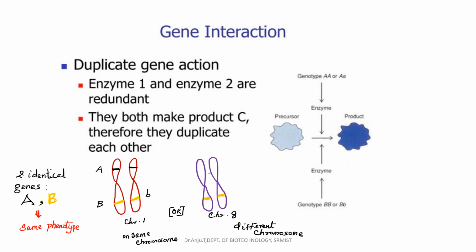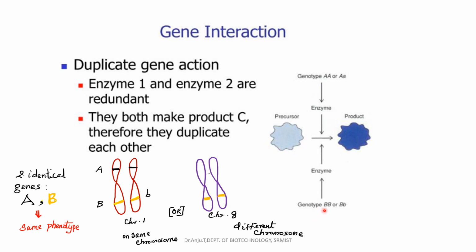Duplicate gene action. The other type of gene interaction we see is duplicate gene interaction. Here you have a precursor, a starting substrate, which is converted into a product. There are two genes, one gene is B and the other gene is A. Gene A produces an enzyme which will convert the precursor to product.